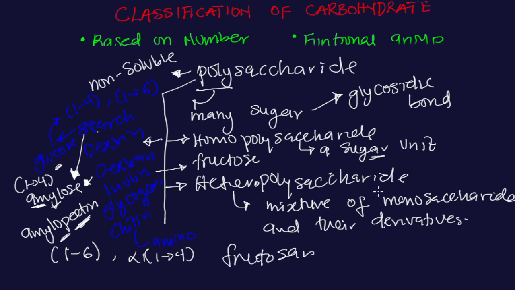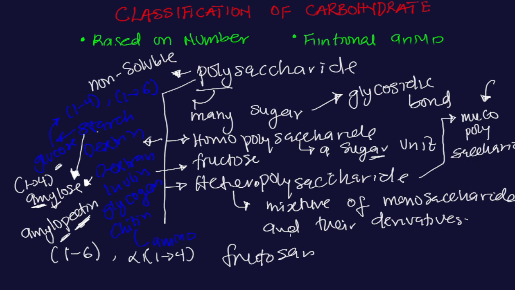Now, in the case of heteropolysaccharide, we have different examples like mucopolysaccharides. Mucopolysaccharide is simply one that contains different types of functional groups, apart from a mixture of carbohydrate and their derivatives. It might contain sulfur, it might contain nitrogen, it might contain different types of functional groups.